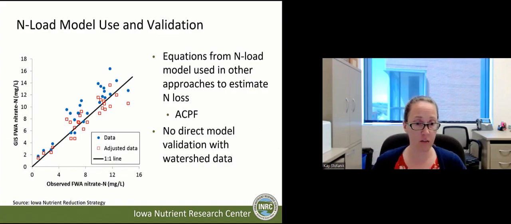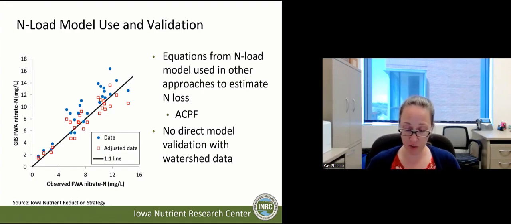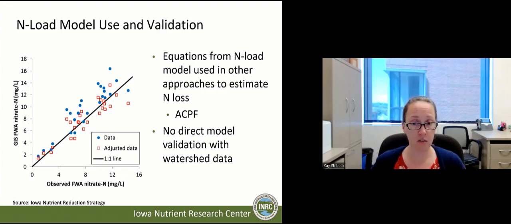This is a comparison between some observed flow-weighted average nitrate nitrogen concentrations on the x-axis, and on the y-axis is a calculated flow-weighted average nitrate nitrogen concentration that was done using GIS and specific parameters like land use and nitrogen application rates. So there's no direct validation of the N load model with watershed data, just what's on the screen here.